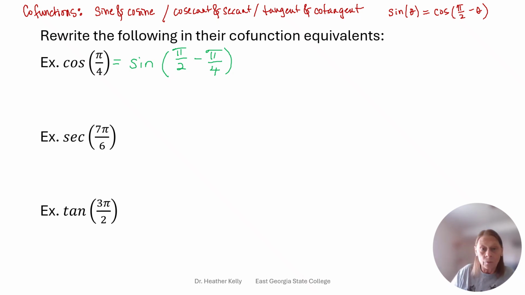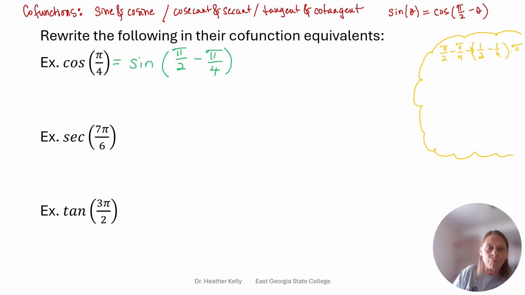So over here I'm going to do a little think bubble for you to see this. Pi over 2 minus pi over 4 is equivalent to us doing 1/2 minus 1/4 and then multiplying all of that by pi. And what's a half minus a fourth? Well, it's another fourth. And so sine of 1/2 minus 1/4 is equal to the sine of pi over 4. Those actually happen to be equivalent.